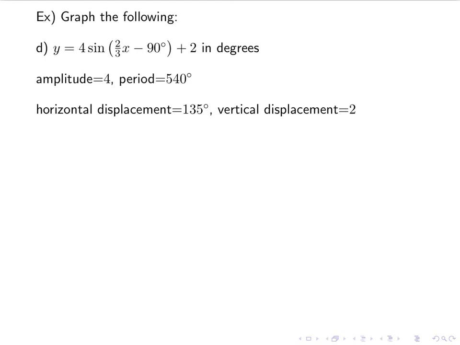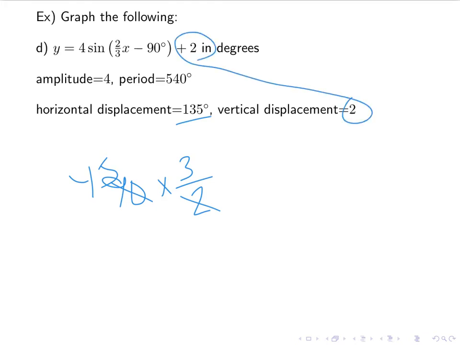Our horizontal displacement is negative c, so that's 90, divided by b, so again we'll multiply by 3/2. Cancel a 2. 45 times 3 gives me my 135. My vertical displacement is again my constant at the end, which is 2.